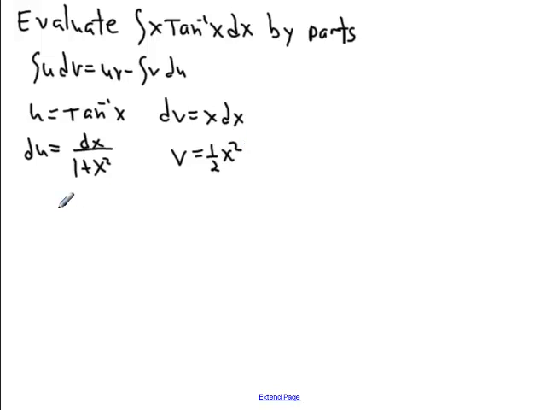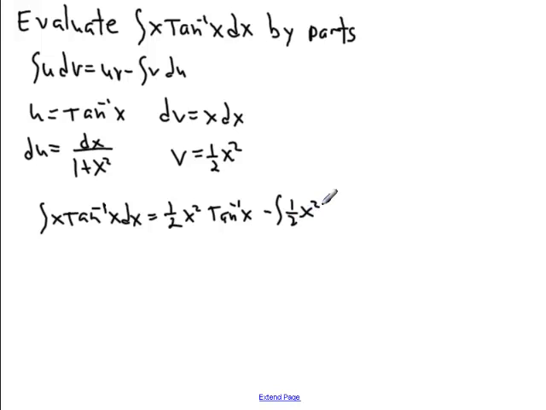Plugging into our parts formula, we get the integral of x inverse tan x dx equals uv, which is 1 half x squared inverse tangent x, minus the integral of v, which is 1 half x squared, times du, which is dx over 1 plus x squared.